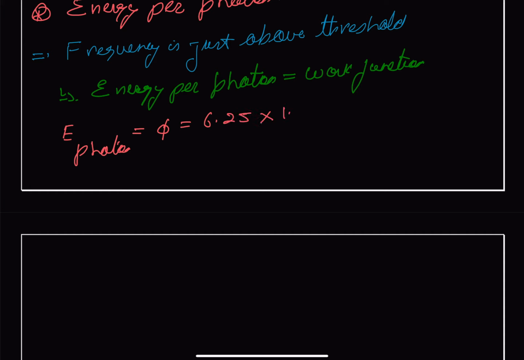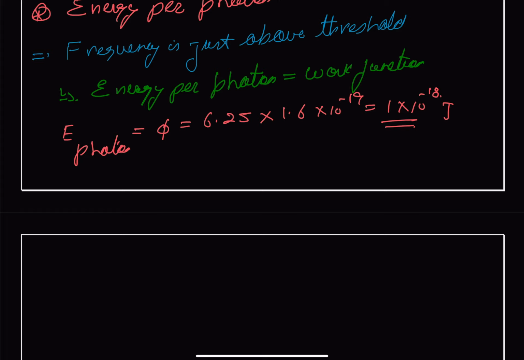We convert into joules, multiplying by 1.6 into 10 to the power minus 19, and this comes as 1 into 10 to the power minus 18 joules.